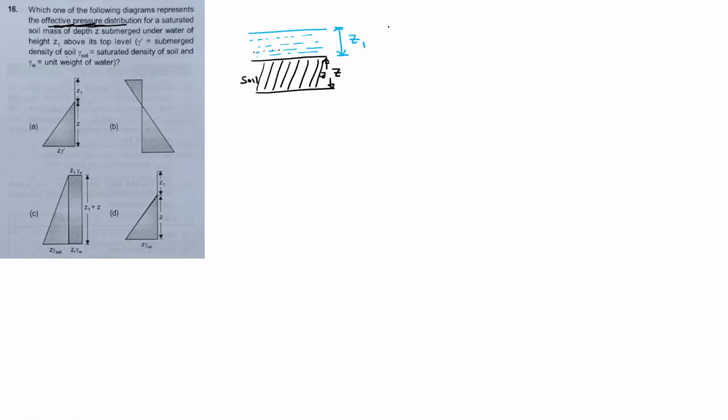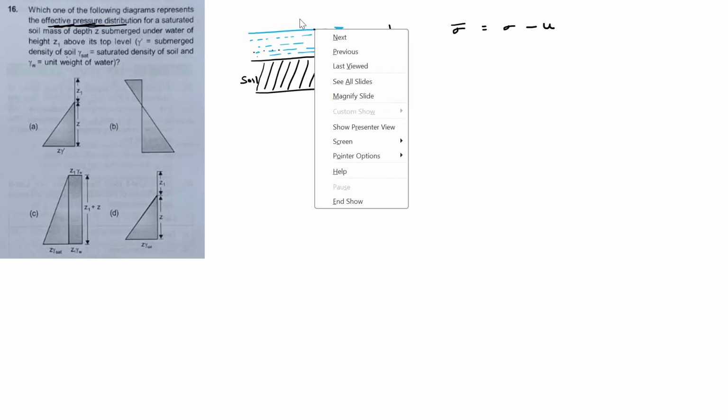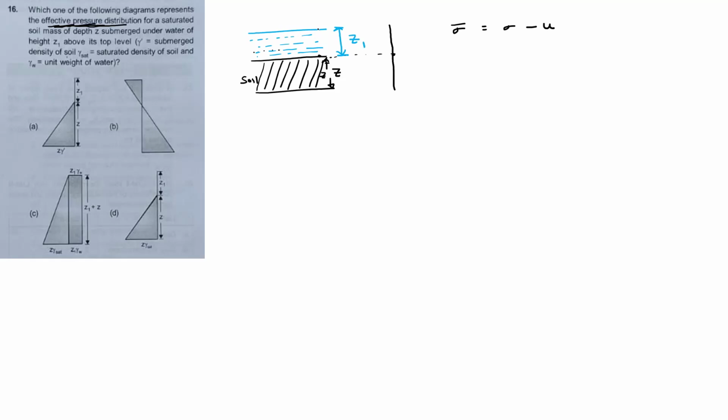When you draw the effective stress diagram, you know that effective stress is total stress minus pore water pressure u. From this point to this point there is only pore water pressure, and this will be equal to the total stress.